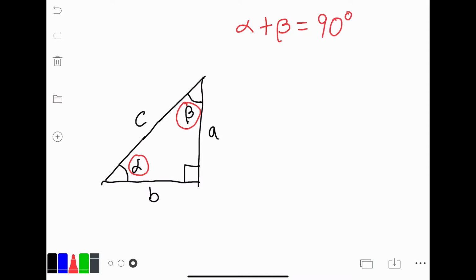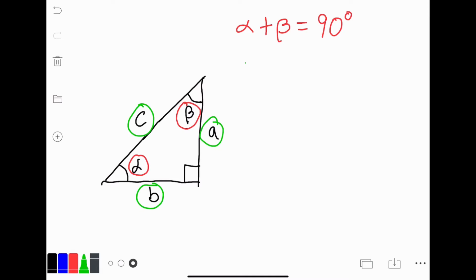Now, how about the sides, A, B, and C? Is there something that we know that will relate A, B, and C together? Yes, there is a known relationship between all the sides of a right triangle, and that is called the Pythagorean theorem.